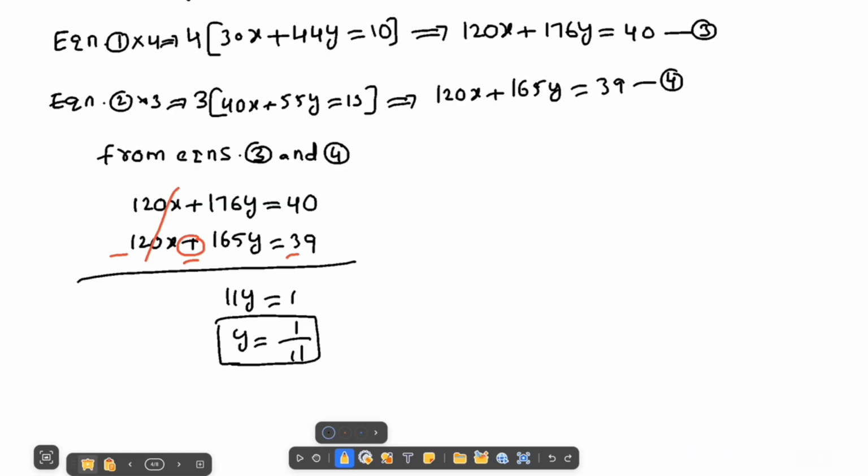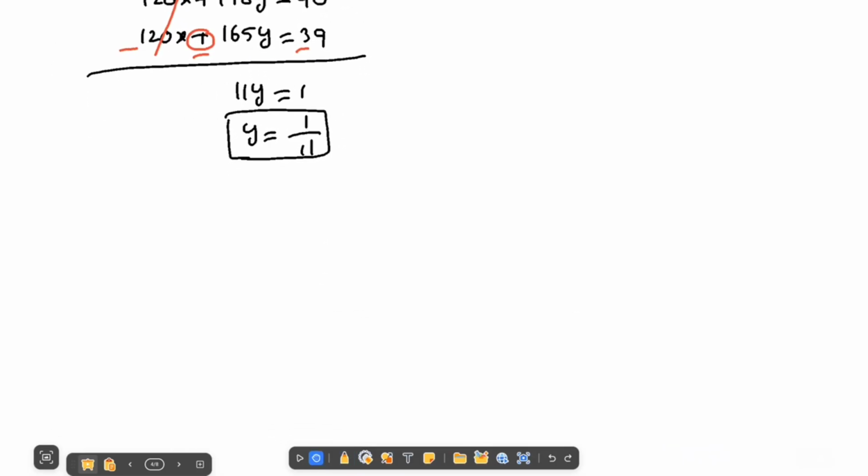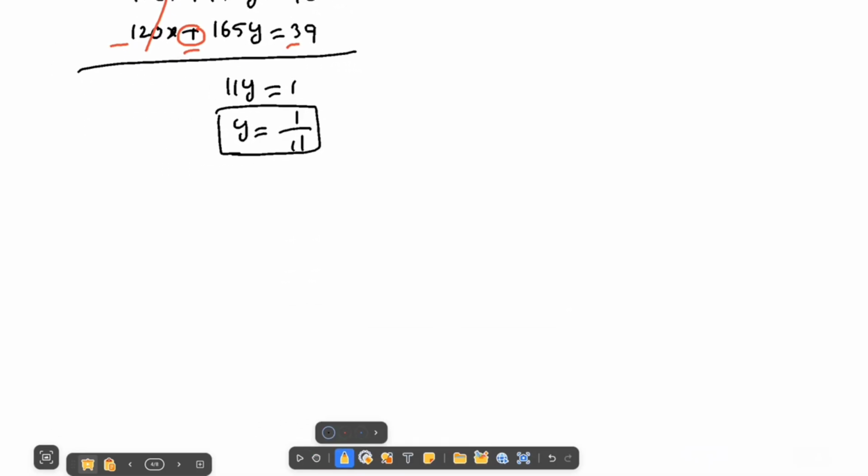To get the x value, let's substitute in equation 1. What is equation 1? 30x plus 44y is equal to 10, right?